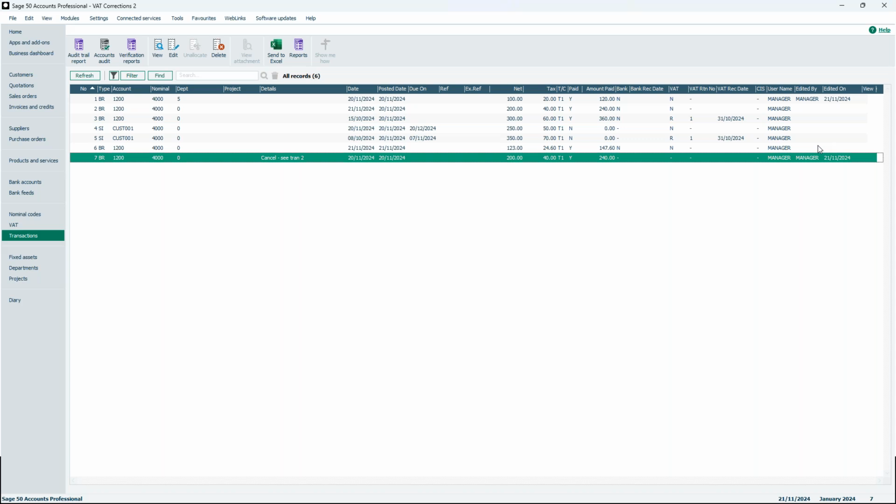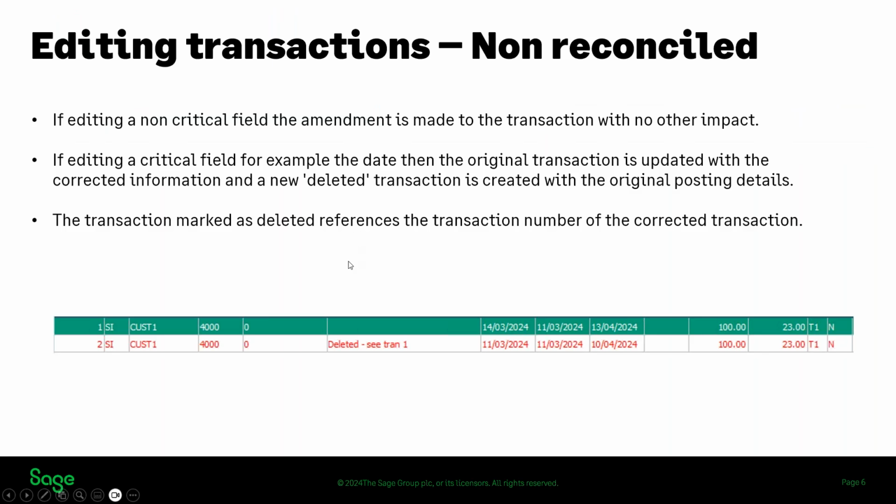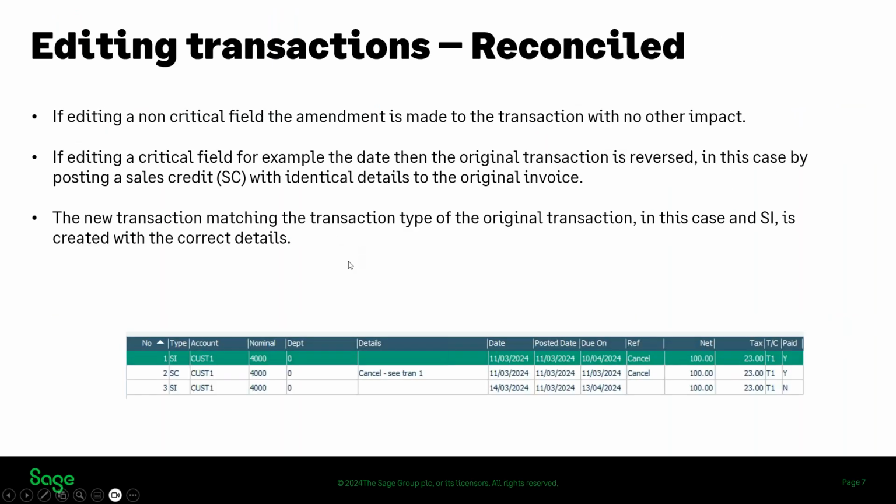So that's non-reconciled. Okay, so what I want to move on to next is actually what we do when it's VAT reconciled and how that differs again. So if you're going to edit a non-critical field, like we did previously, again, it didn't make any changes. So actually amending a non-critical field will have no impact on the VAT return because it just makes the change to the transaction.